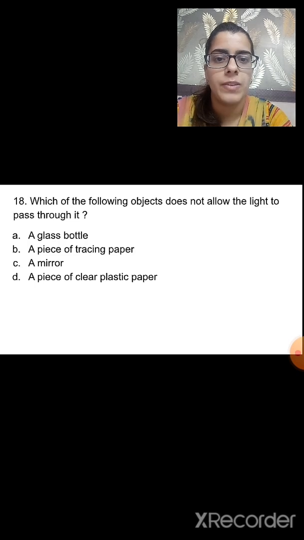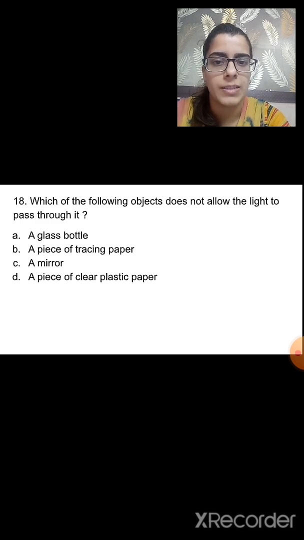18th, which of the following objects does not allow the light to pass through it? The different objects are given. You have to tell which of the objects will not allow the light to pass through it. A, a glass bottle, B, a piece of tracing paper, C, a mirror and D, a piece of clear plastic paper.